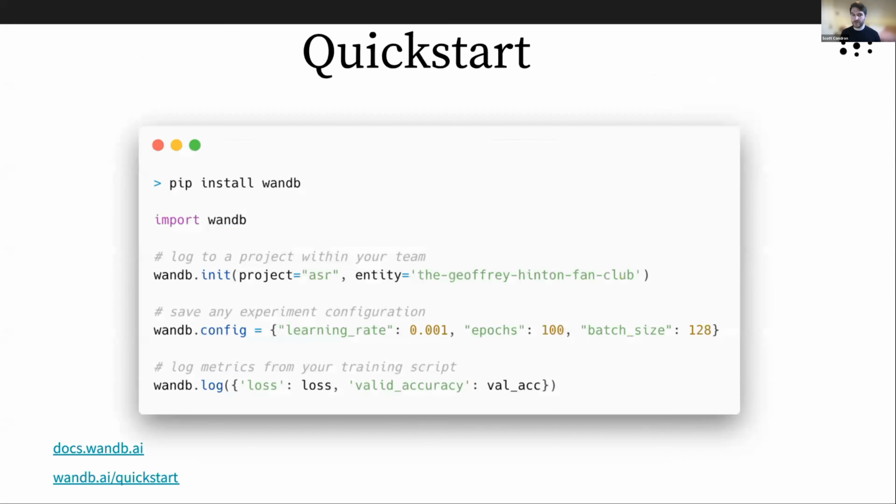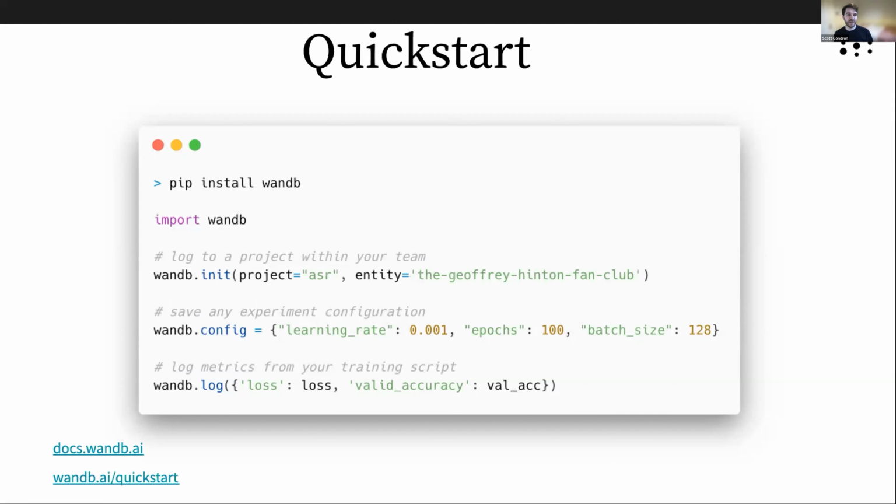So in practice, how you would integrate Weights and Biases into your code to start making your work more reproducible is just pip installing a Python library, creating a little project with a name. So you can think of that like for a given model, you would have a project name, and then entity is just a team name. So whether it's just an individual or whether it's a team, in this case, the team name is the Jeffrey Hinton Fan Club.